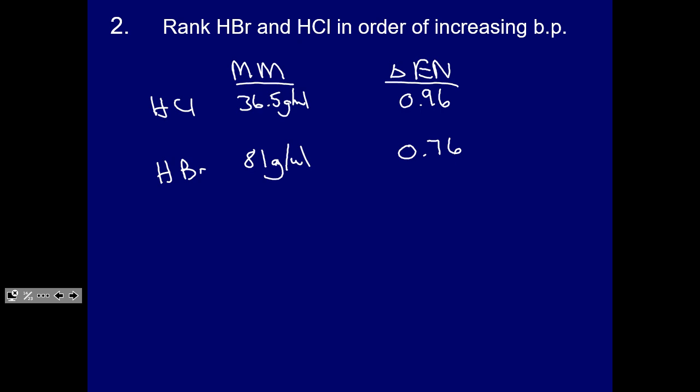The other one has greater dipole-dipole forces. Difficult to say. Could somebody do a Google search on the actual boiling point, BP, for HCl? Just Google boiling point for HCl or hydrogen chloride, and then boiling point for hydrogen bromide.